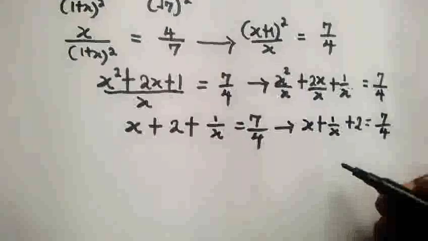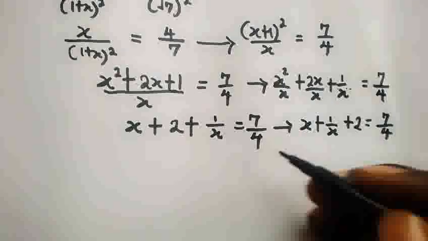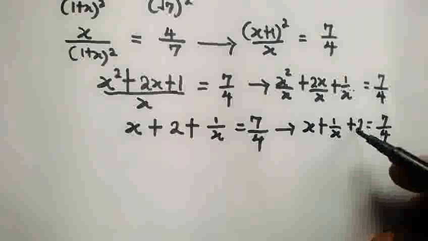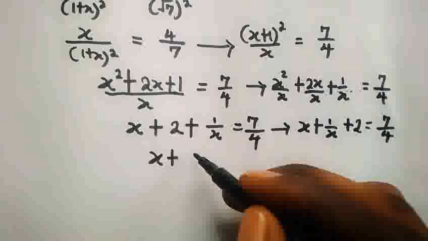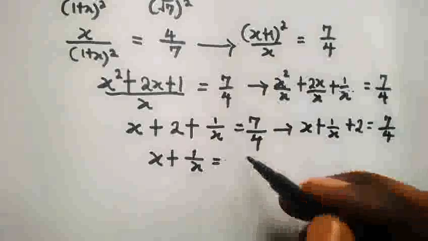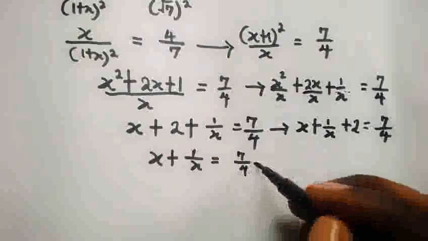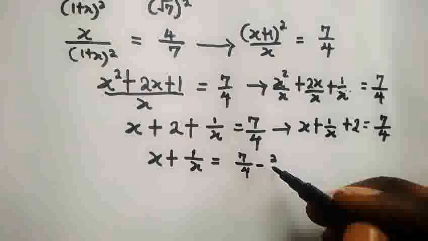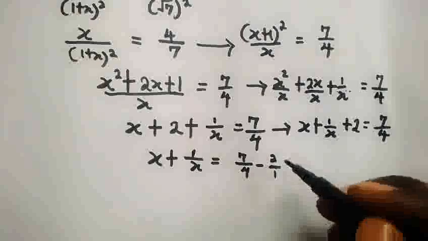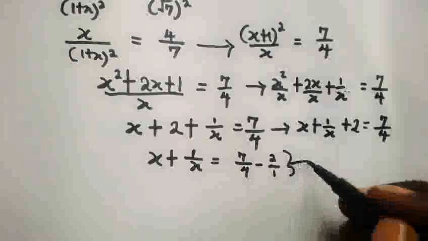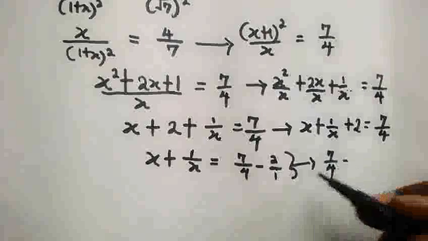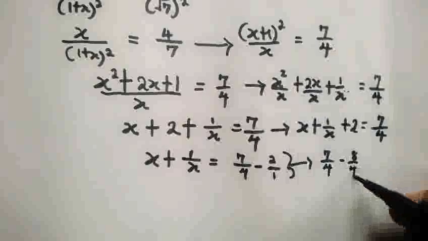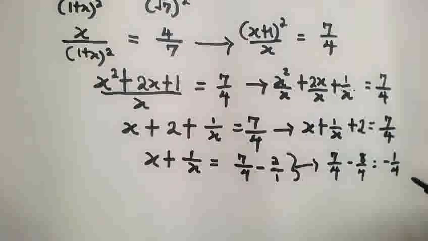So this is what we have from this place. We subtract 2 from both sides, since this 2 is positive. So we have x plus 1 over x is equal to 7 all over 4 minus 2. Simplifying, 7 over 4 minus 2 is the same as 7 over 4 minus 8 over 4, so we have negative 1/4.